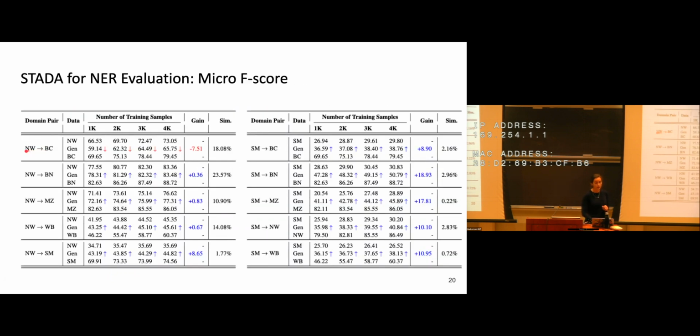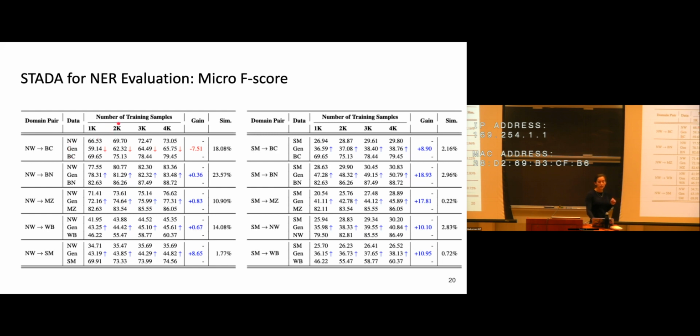So this will be the direction. In this case, your left side domain is the source, your right side domain is your target. This is the experiments we do. So this is when we only train the model with the source domain, when we train the model with the combination in the middle, and when we train the model with only the target domain. Okay, so this is the order for each set of experiments.